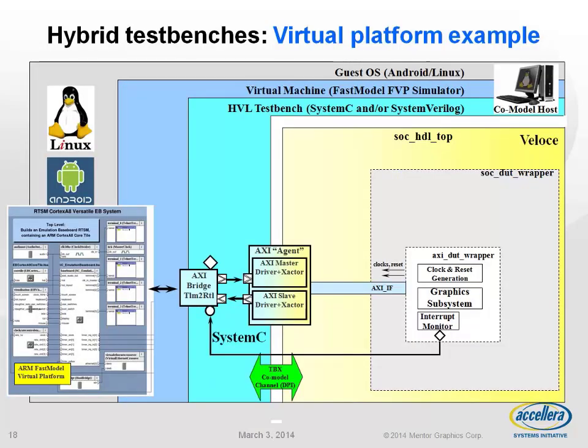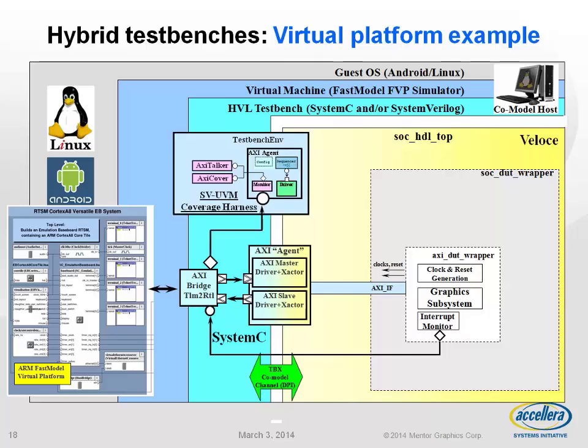Here's a case which is a virtual platform example where we took an ARM fast model virtual platform. We have an AXI agent, master and slave, both forming a bridge, and it's talking to some graphics subsystem. So it's using TLM connections, but we also hook onto it a coverage harness. So this coverage harness is actually SVUVM running in the same host simulator portion.